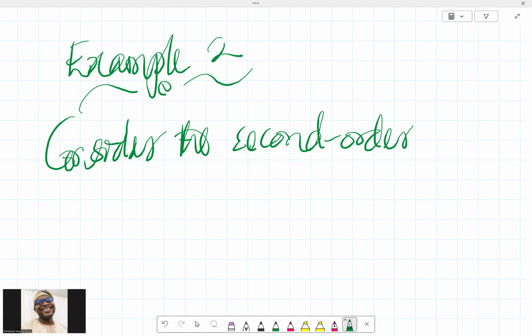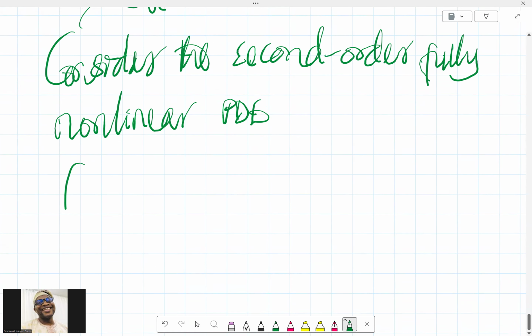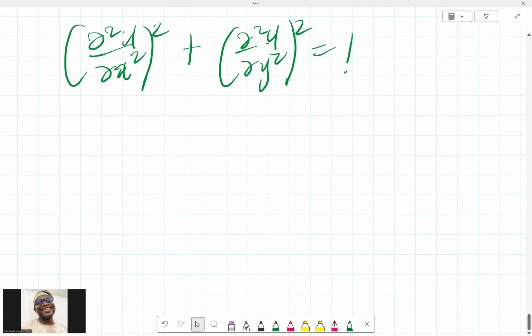Fully nonlinear is second order upwards, second and higher order. So consider the second order fully nonlinear PDE, which is (partial squared u partial x squared) to the power 2 plus (partial squared u partial y squared) to the power 2 equals 1.